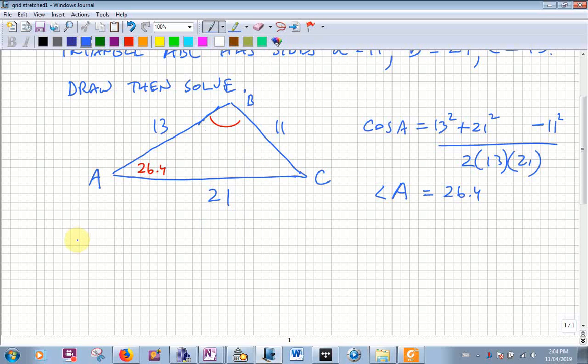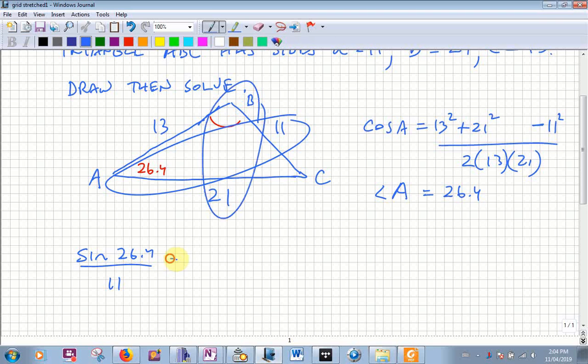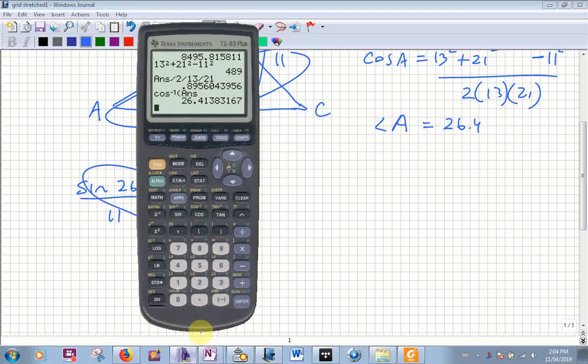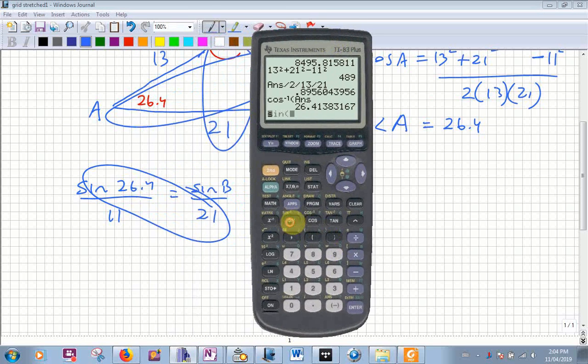So let's do it for the people who would use sine law. Sine of 26.4 over 11 is equal to the same ratio as sine of B over 21. So to get angle B, I'm going to go that times that divided by the other one.